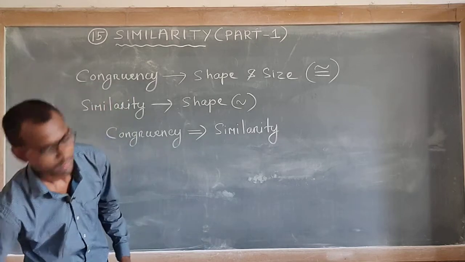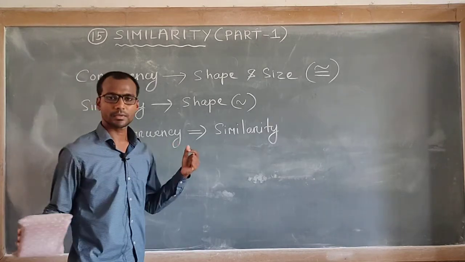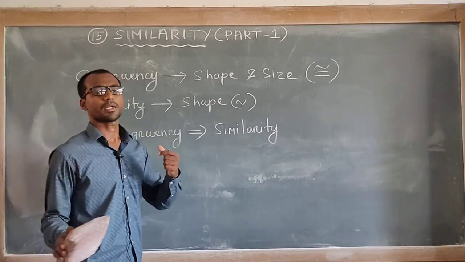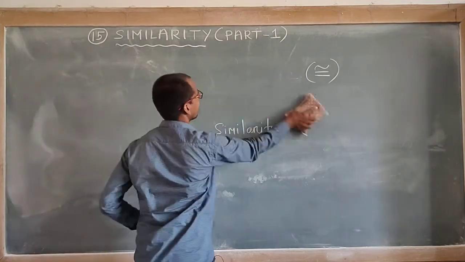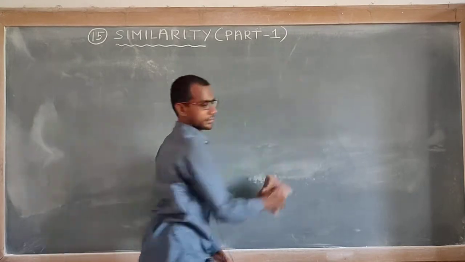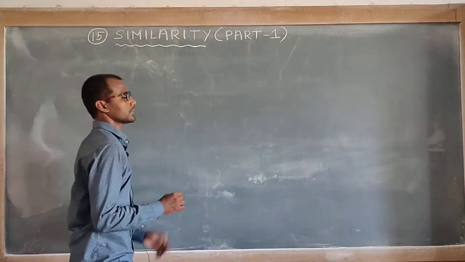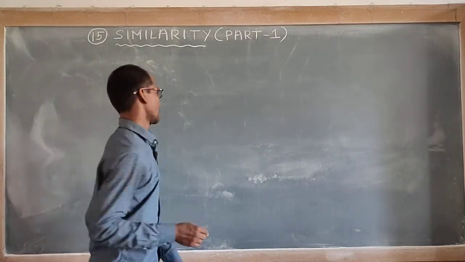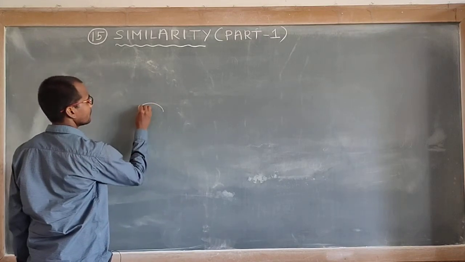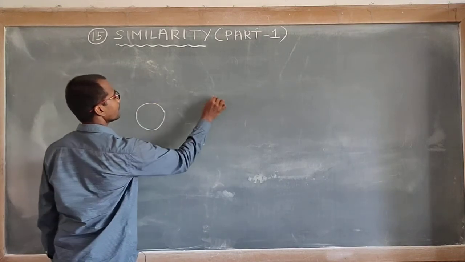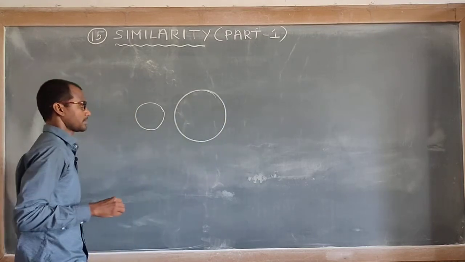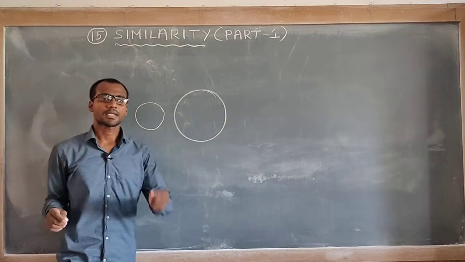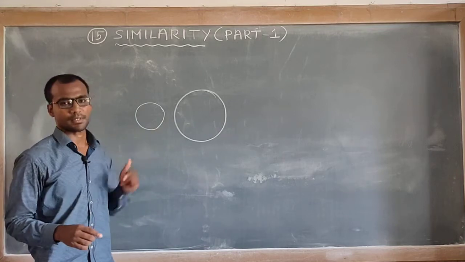Okay, so let us take some examples of similar objects, similar figures. If we take two circles, you can see the size is different, but the shape is same.